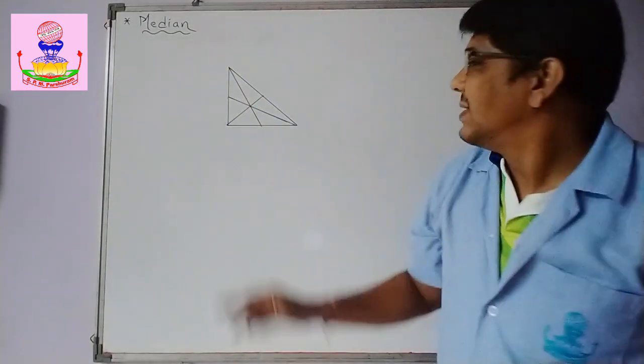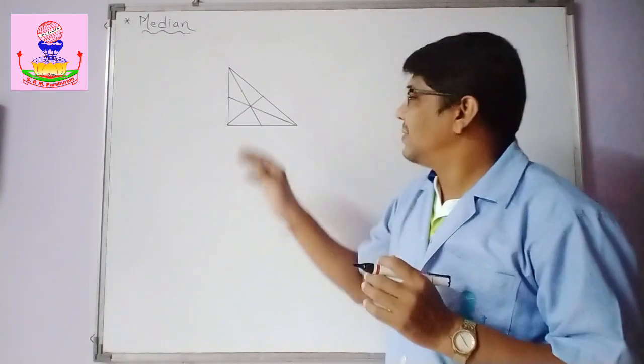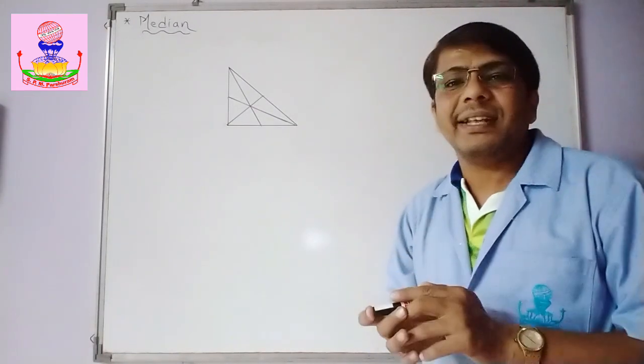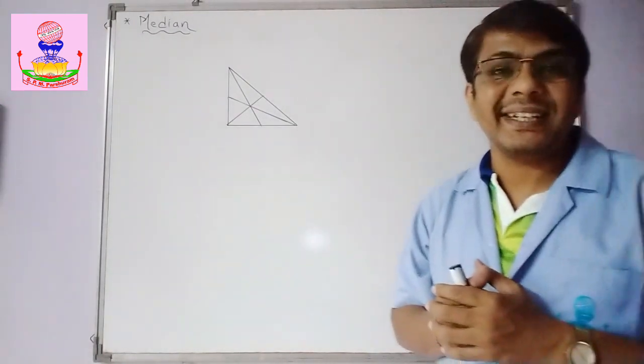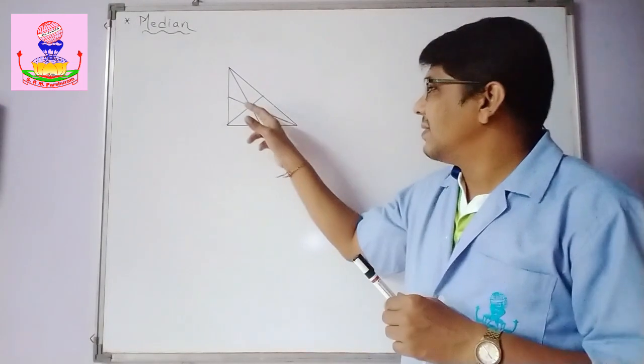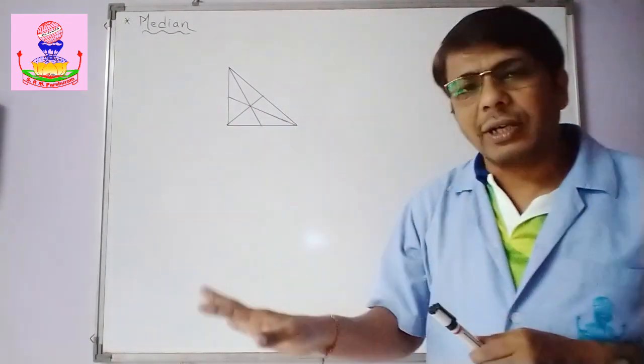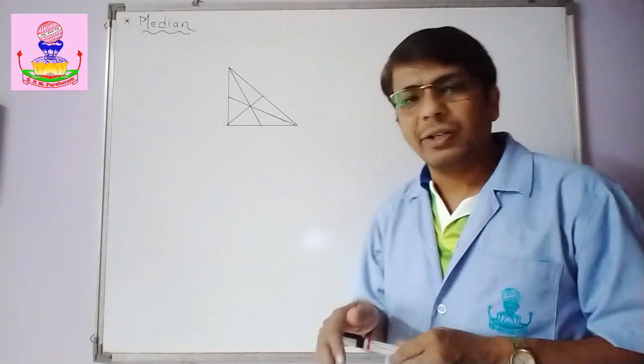Okay, so this is the centroid, and so where you get all the medians, their medians lie in the interior of a right angle triangle. Okay, and again they are concurrent. They are concurrent, no doubt about it, for each and every triangle.